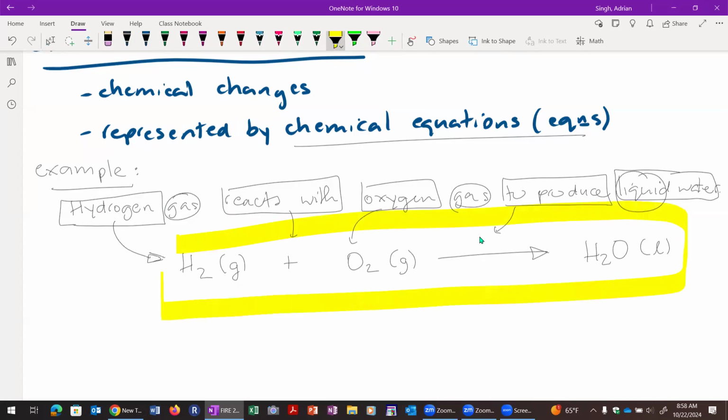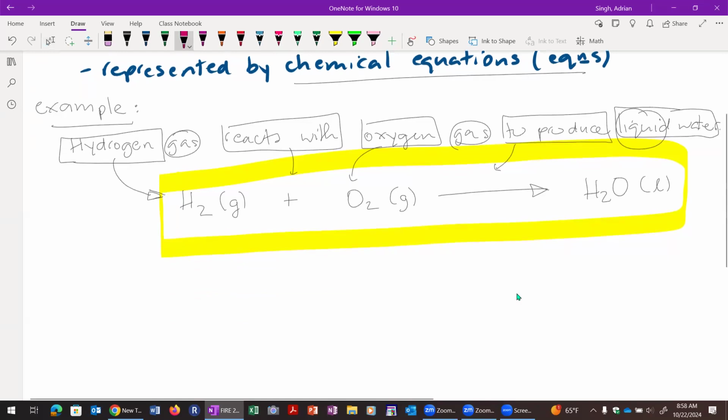So this is our starting point for looking at our chemical equation. Let's orient ourselves now and identify some of these different parts of this chemical equation. The arrow is key here. This always points from the left side to the right side. Whatever we have on the left side of the arrow, these are known as reactants collectively. You may have multiple reactants, or you can have just one reactant.